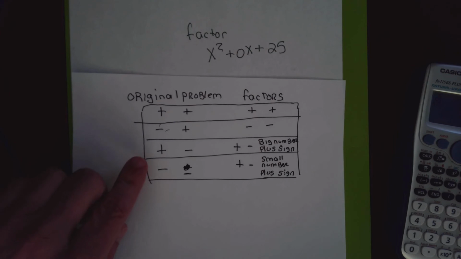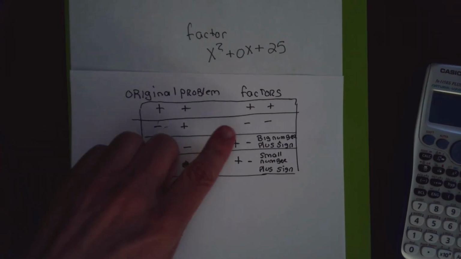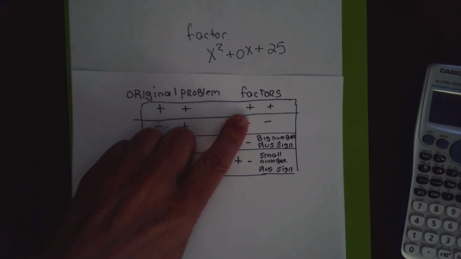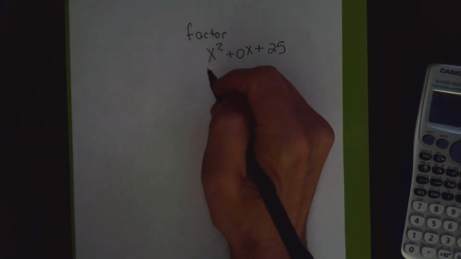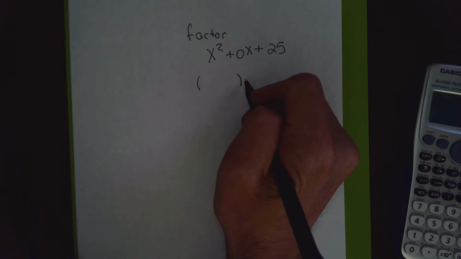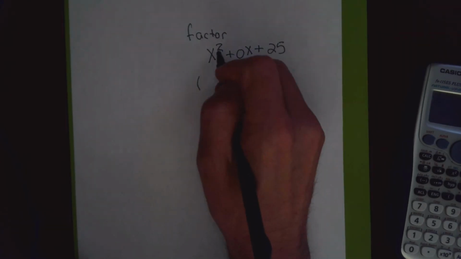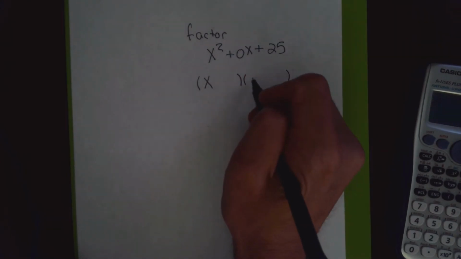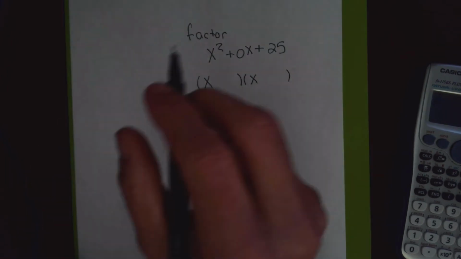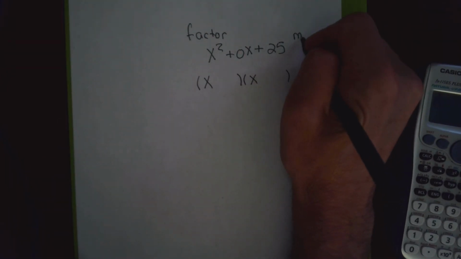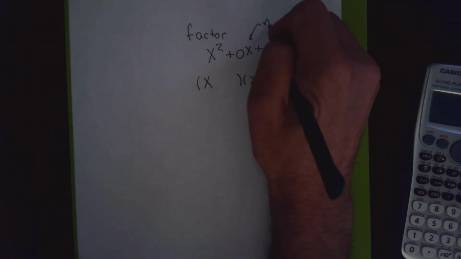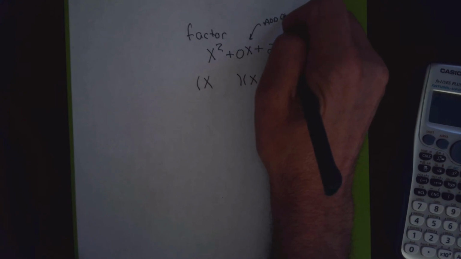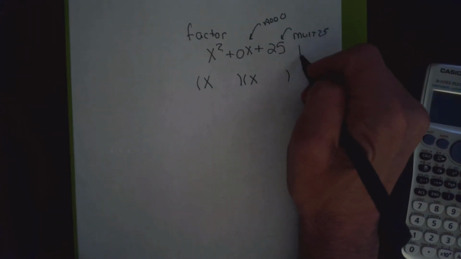I know that ultimately I don't need any minuses in my problem, because if I've got a double plus, my factors are a double plus. This is a trinomial. I can split the x squared evenly up between the parentheses up front, and the numbers are going to have to multiply to 25 and add to 0.